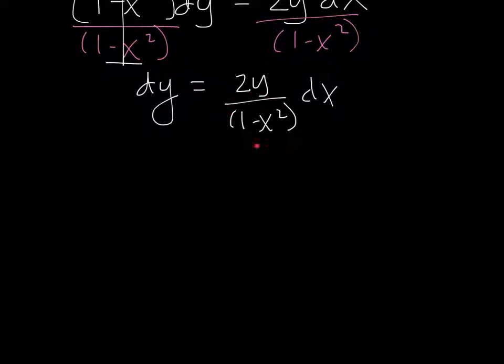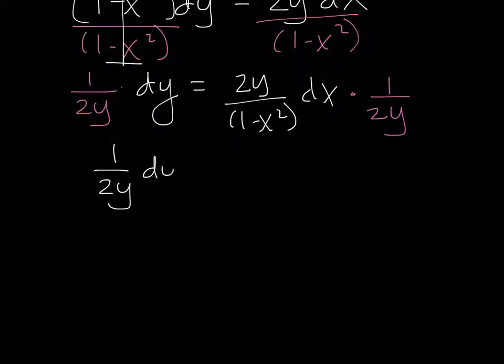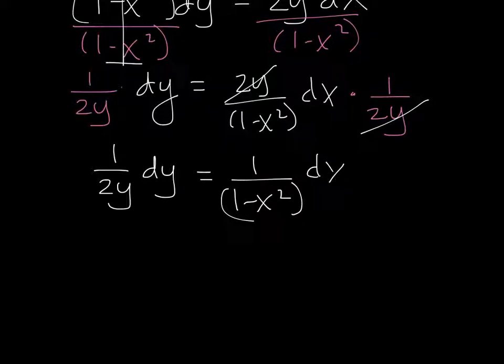I want to leave my function of x, my g of x, with my dx. So we're going to divide both sides by 2y, which is the same thing as multiplying by 1 over 2y. And so we have 1 over 2y dy, and we have our 1 over 1 minus x squared dx.